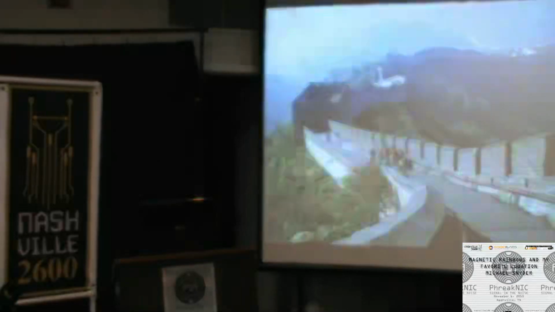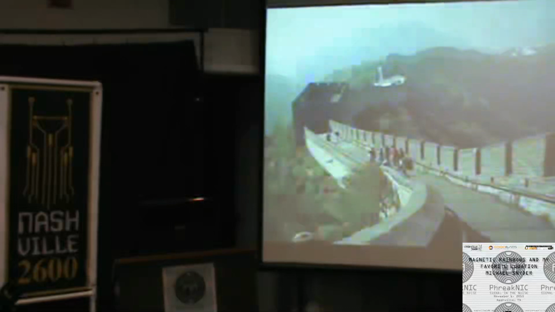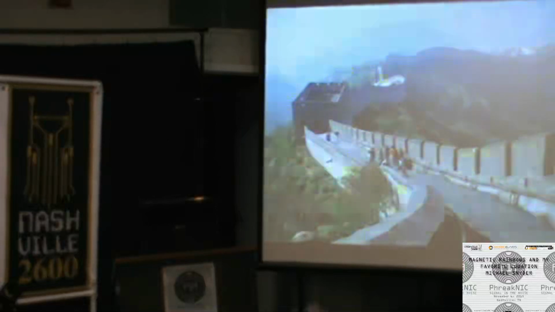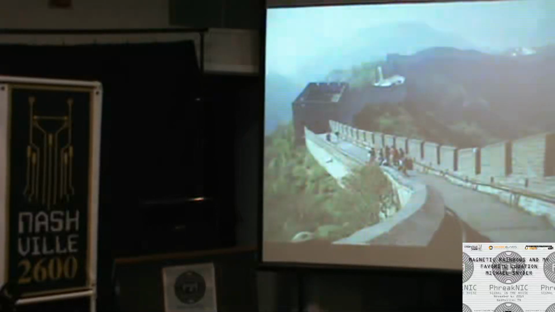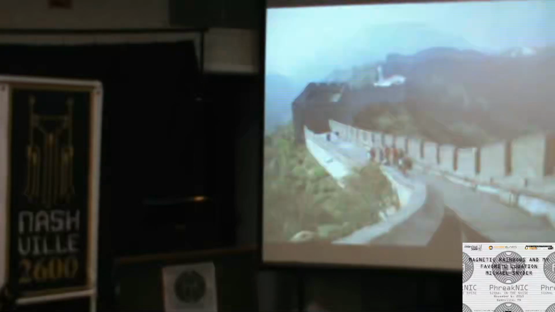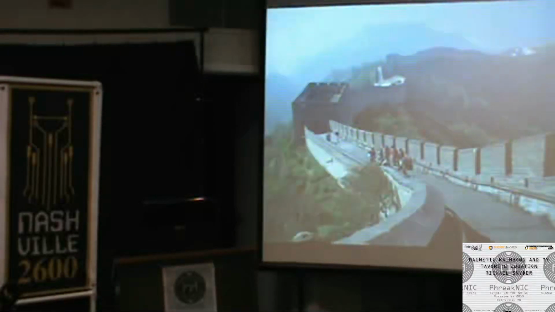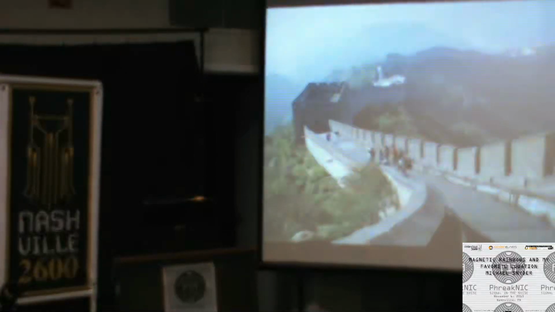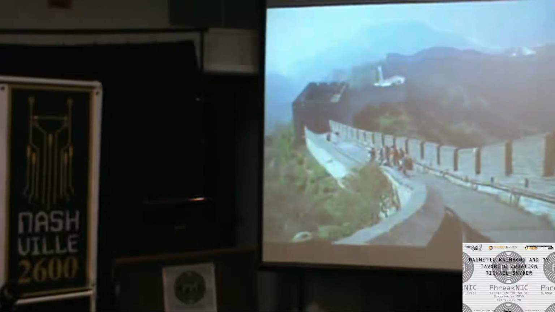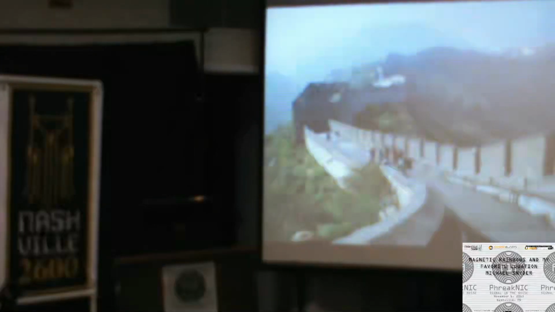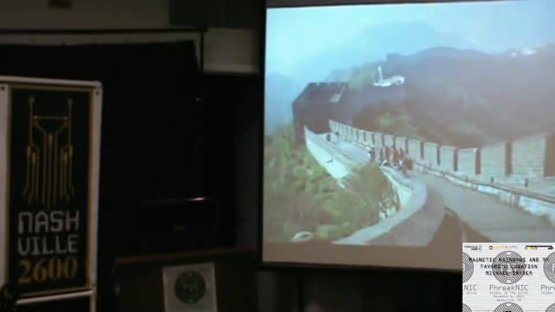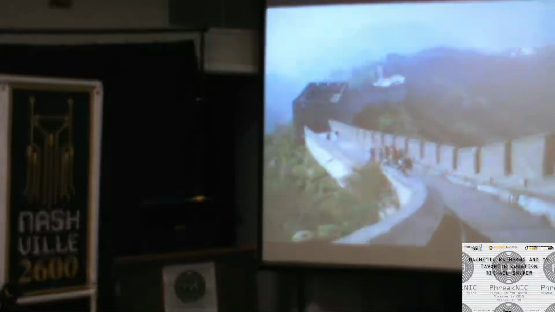Now, the present encryption is like the Great Wall of China. It's very tall and very long and very secure, as long as you don't happen to guess the large number that was being factored. Some things to notice: if the wall is broken at any point, if the security is penetrated at any point, then it doesn't do any good.